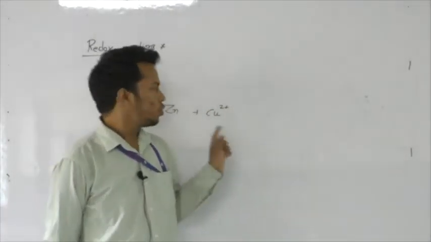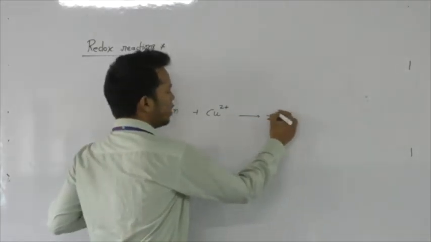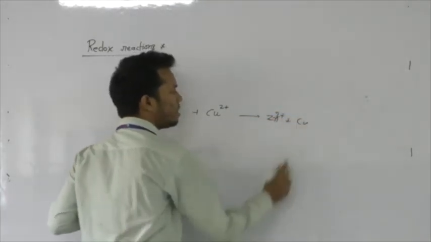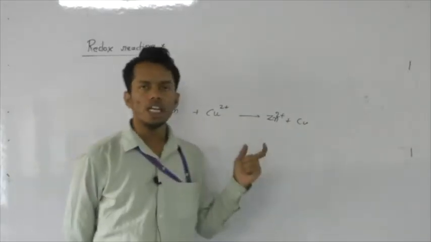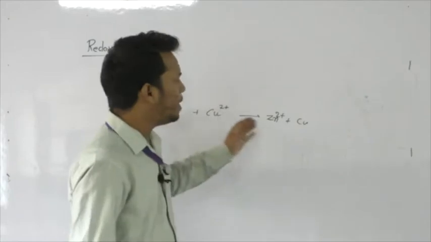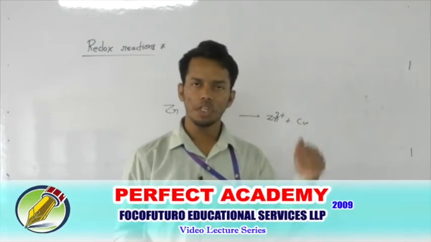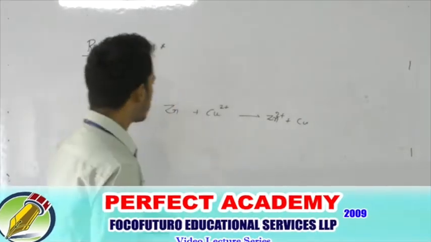Zn plus copper 2 plus will give you Zn2 plus copper. Is there any involvement of electrons? No. That means it is a complete reaction. Only thing is we have to balance it.